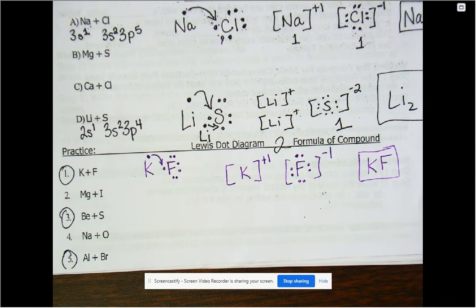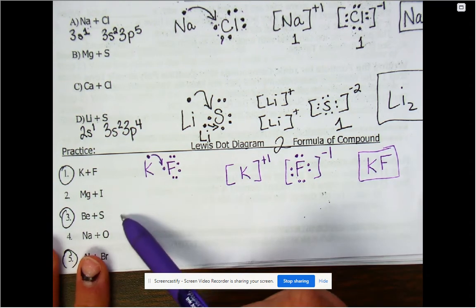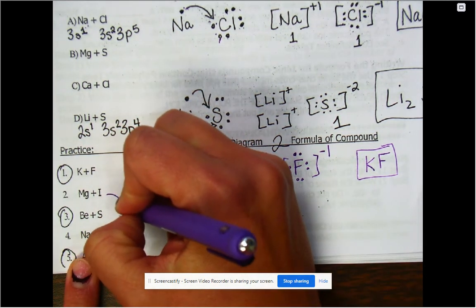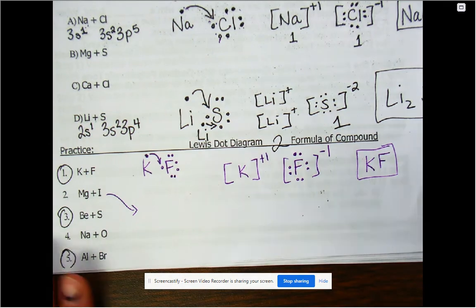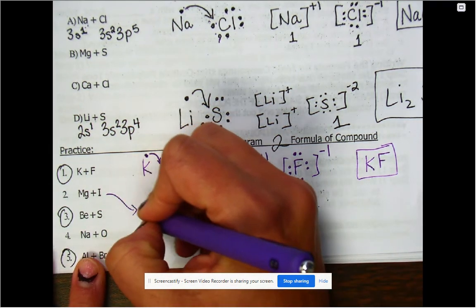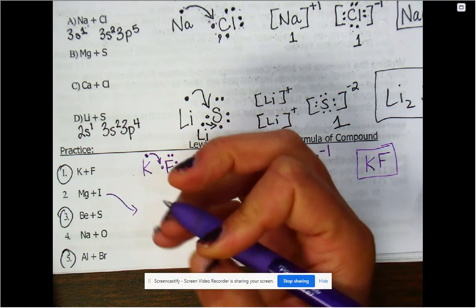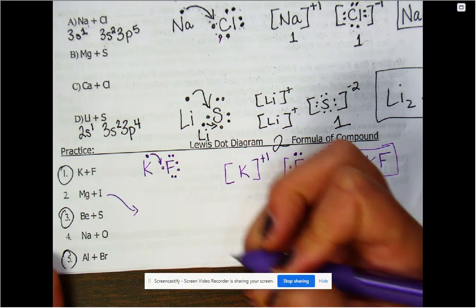Okay. So now let's do one a little bit trickier. Let's do the magnesium and the iodine. So number 2. Magnesium is in group 2. So how many does he have? 2.